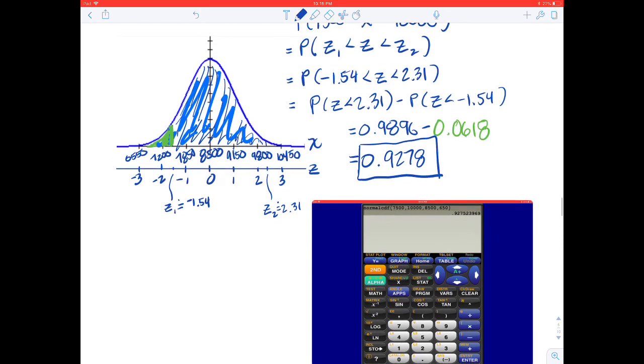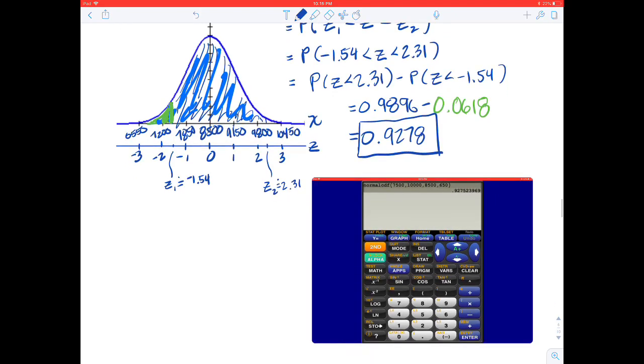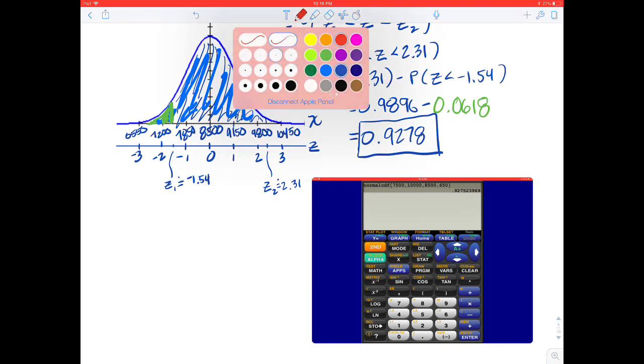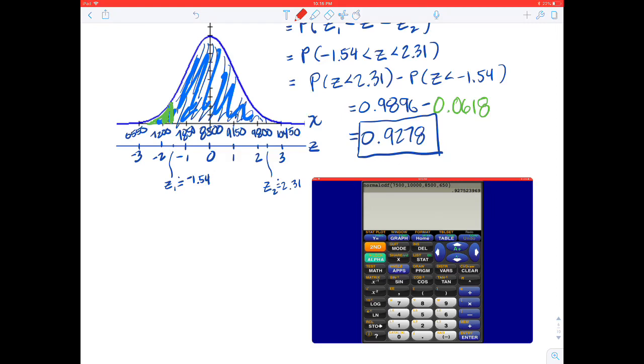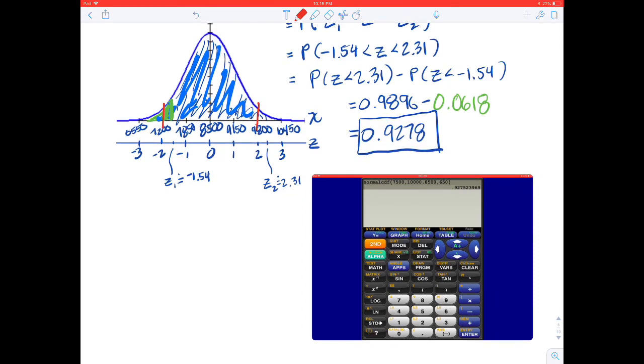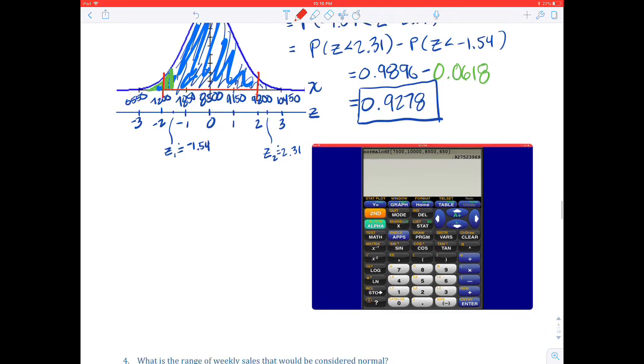So if we want to figure out what is normal, what should we do? Well, we would look at this information here, right? This is 2 standard deviations below. This is 2 standard deviations above. We're looking at the X values that correspond.